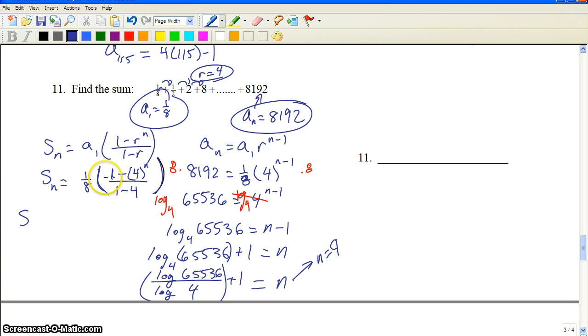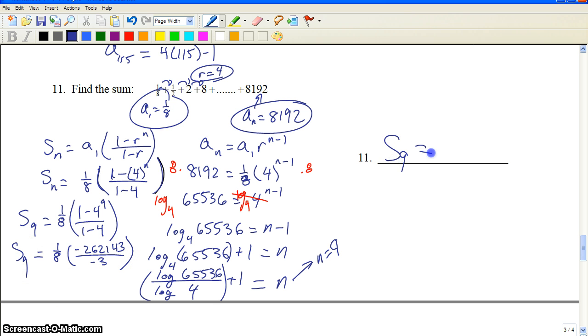So n was 9, so we're going to substitute that back in. S sub 9 equals 1/8 times 1 minus 4 to the 9th, over 1 minus 4. So that's going to be 1/8 times 1 minus 4 to the 9th, which is negative 262,143, over negative 3. We're going to multiply that out, and that'll be our answer.